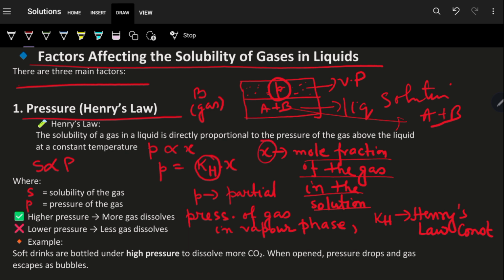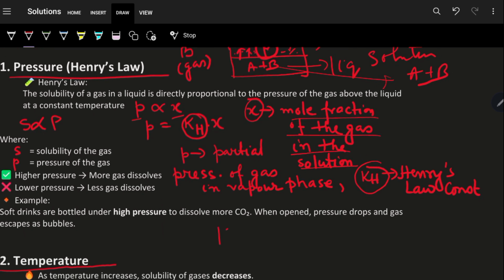That is X. If X is greater, then the partial pressure that it will exert will also be greater. So P is proportional to X, and as per Henry, P is equal to KH into X, where KH is Henry's law constant. Remember always that Henry's law constant has an inverse relation to the solubility. A solubility of a gas will be greater if its KH value is less.